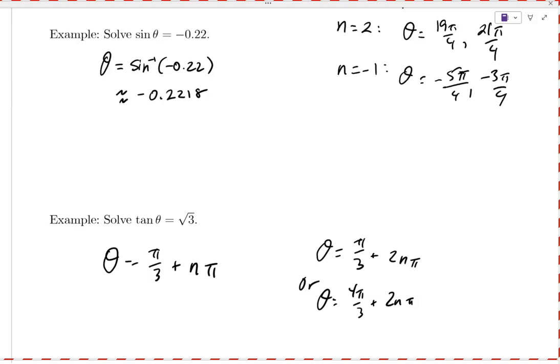There's a reason why I want to make sure this is in radians instead of degrees. All right, so this is one solution. To find all solutions that are based off of this solution, we would add our 2 pi n again. And this is why I want it in radians, because the 2 pi is representing radians.